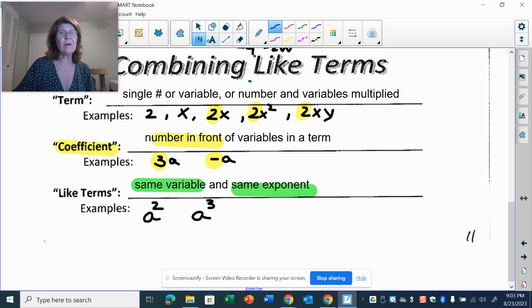In order to be like terms, they would have to both be a squared. I could have 3a squared and 4a squared. They are both like terms. Anything that has an a squared, it doesn't matter what the coefficient is, these are all like terms.